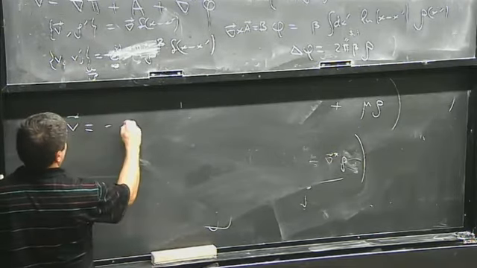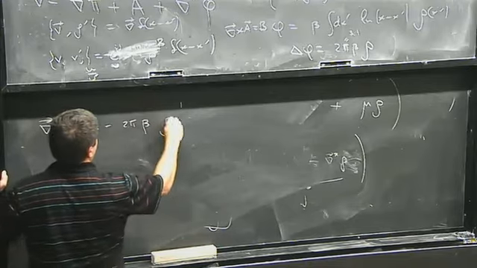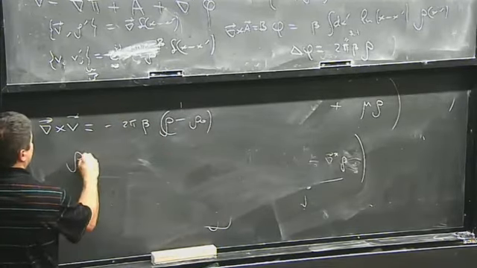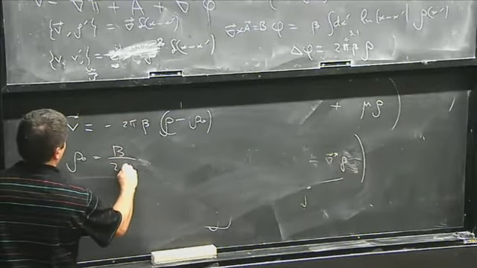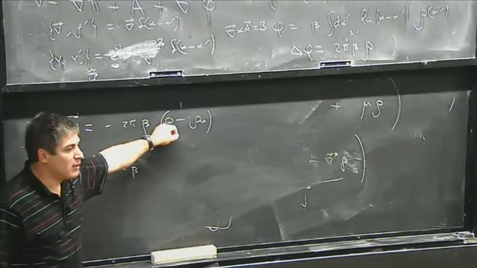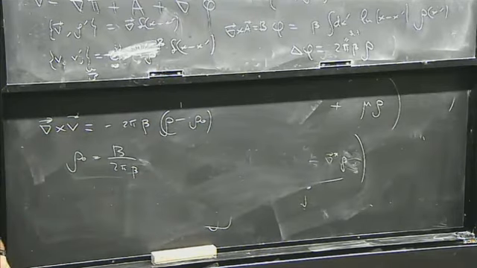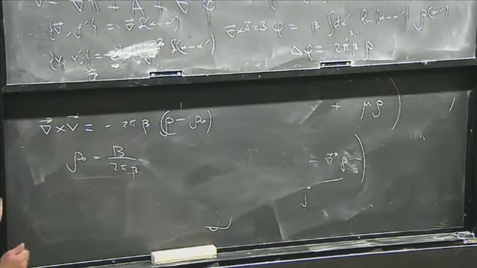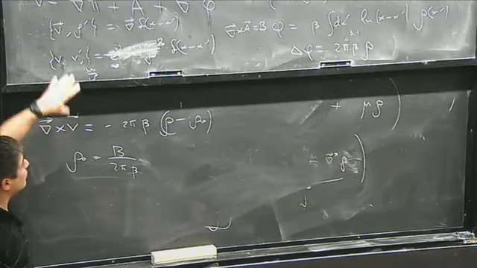It's equal to minus 2 pi beta times rho minus rho 0, where rho 0 is just the magnetic field divided by 2 pi beta. So this fluid, whatever it is, has a very unusual relation that whenever we try to add particles there, vorticity is created, or any vortex carries particle number. And this beta defines the relation between vorticity and particle number. So that's the first thing that you observe from here.